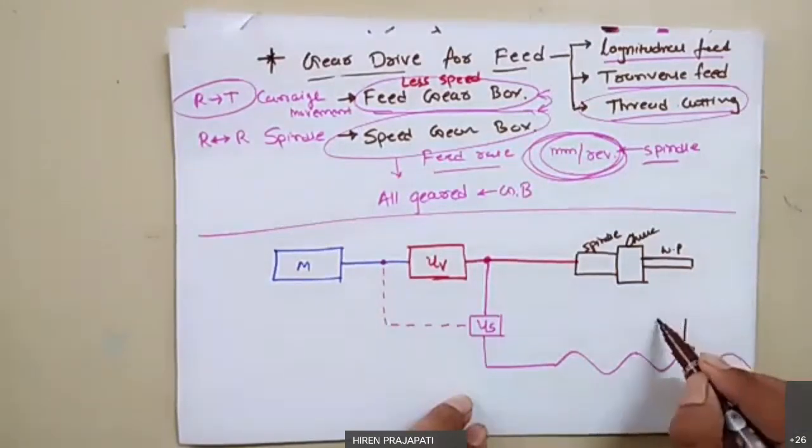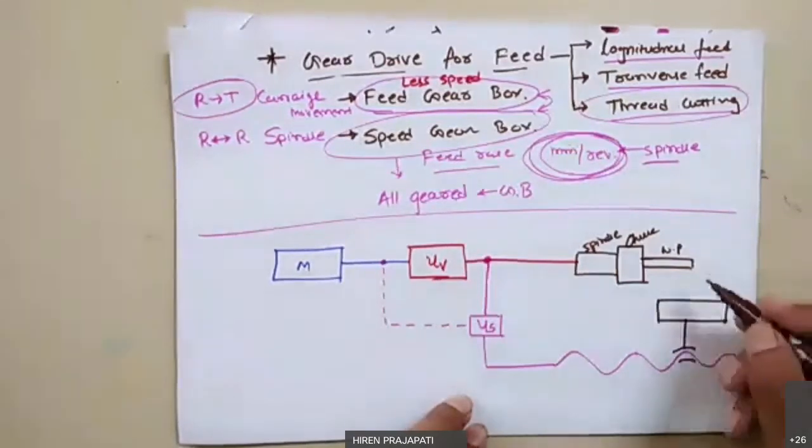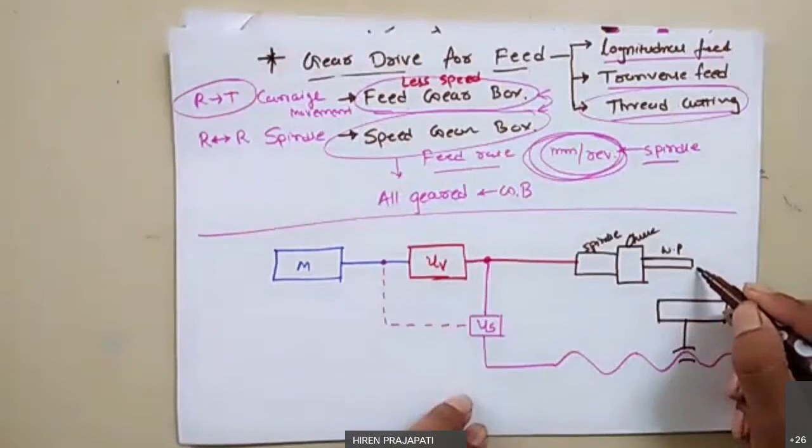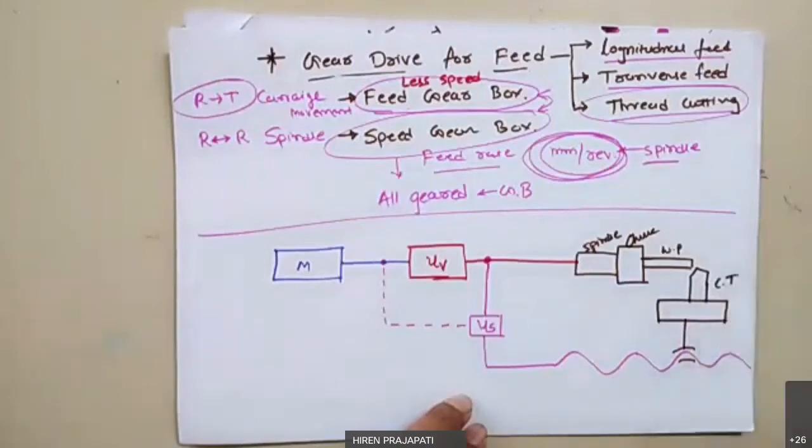So this is suppose the carriage, and on the carriage suppose we have a cutting tool, right? And this is the carriage.